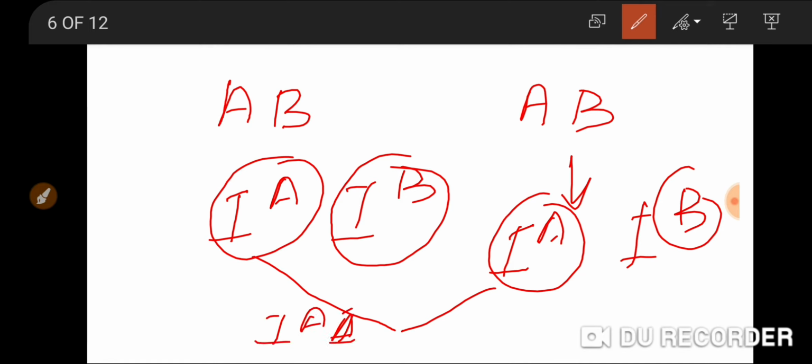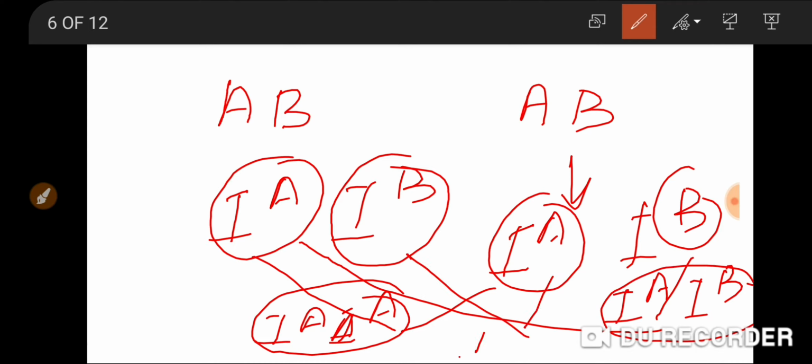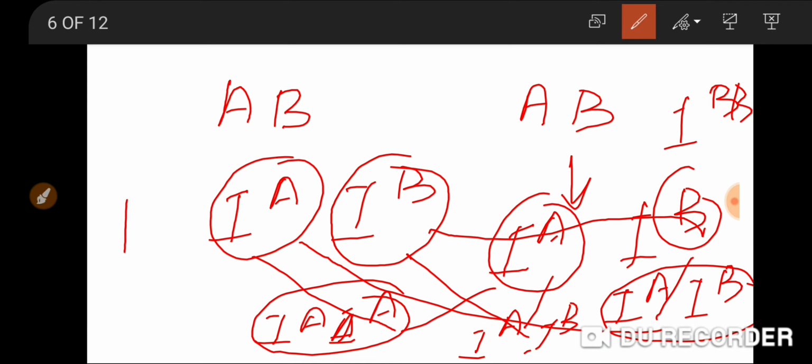you will get IA IA, and if this IA is crossed with this one, you will get IA IB. So this will be blood group A, this will be blood group AB, and if this IB is crossed with this, you will get IA IB, and if this is crossed with this one, you will get IB IB. So you can see here we are getting 1 IA IA, 2 IA IB and 1 IB IB.